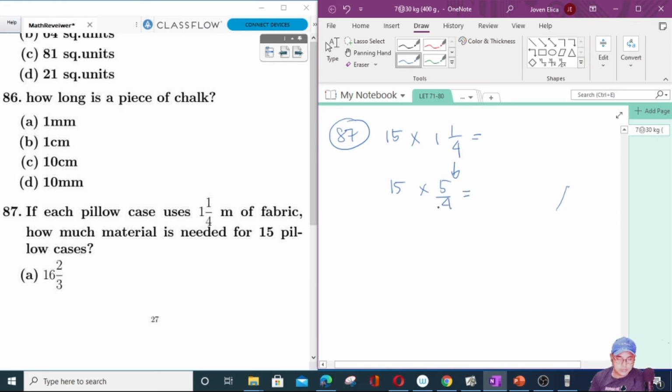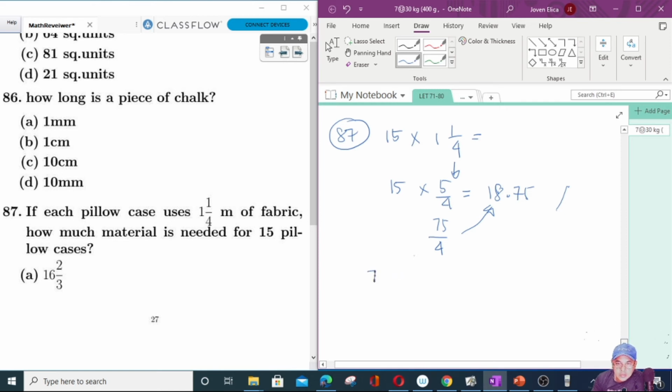So 15 times 5/4 is 75/4. This is multiplication, sorry. The answer is 18.75.